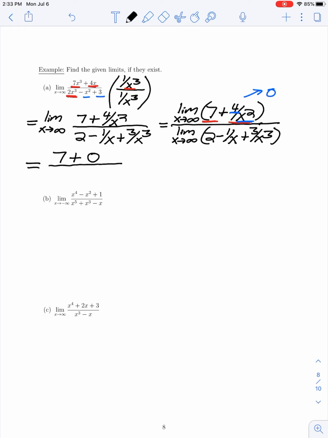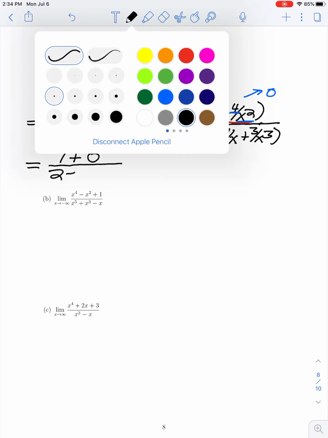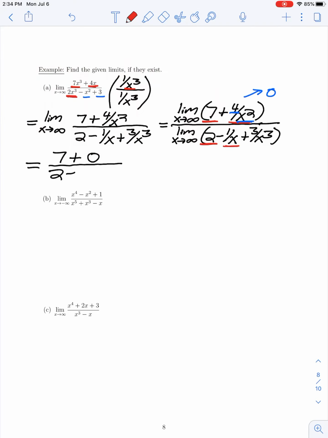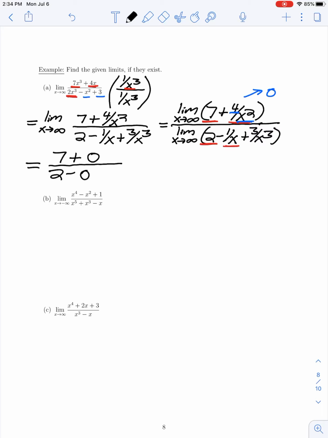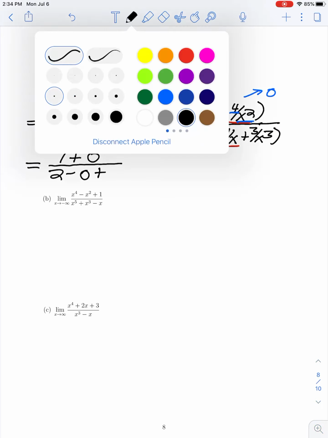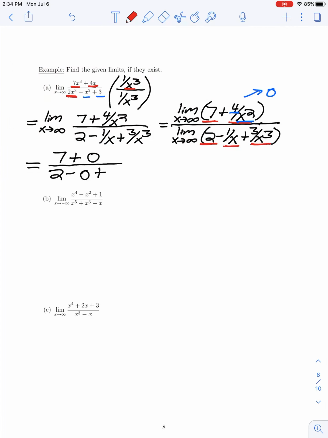And then we are dividing by, if we take the limit of each term in our denominator, the limit of a constant 2, which is 2, minus the limit of 1 over x as x approaches infinity, which we said in the last example is 0, plus the limit as x approaches infinity of 3 over x cubed.